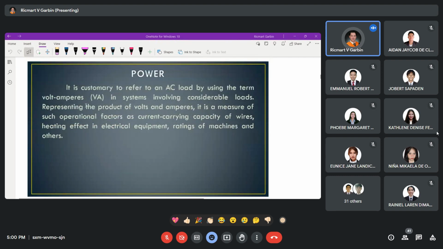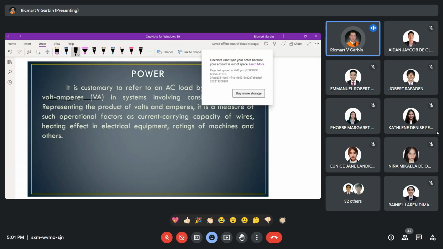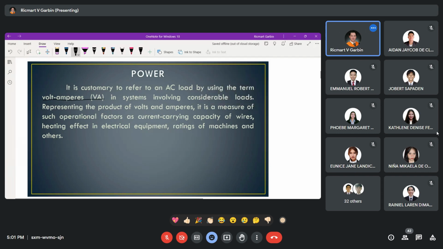So, ano muna yung power. It is customary to refer to an AC load by using the term volt amperes in systems involving considerable loads, representing the product of volts and amperes. It is a measure of such operational factors as current carrying capacity of wires, heating effect in electrical equipment, ratings of machines, and others.